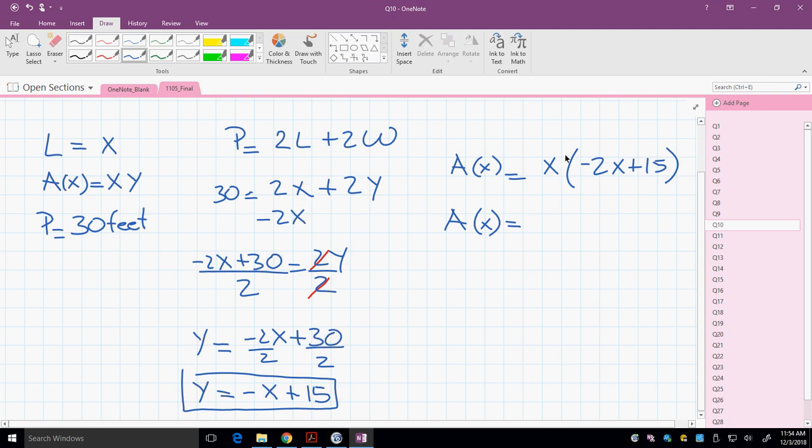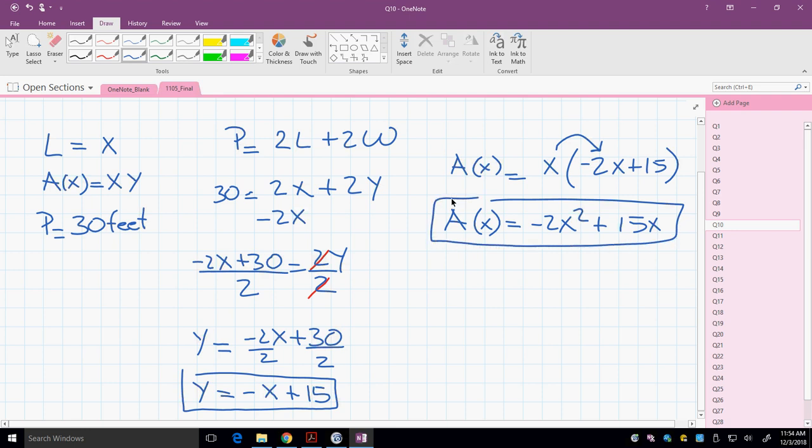It's going to be x times negative 2x, which is negative 2x squared, plus 15x. And that is the area represented as A of x.